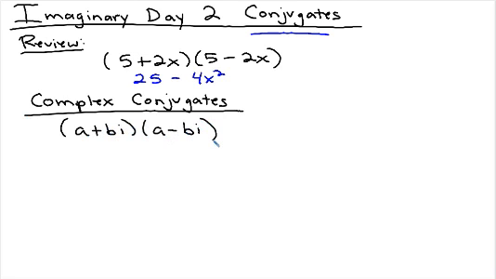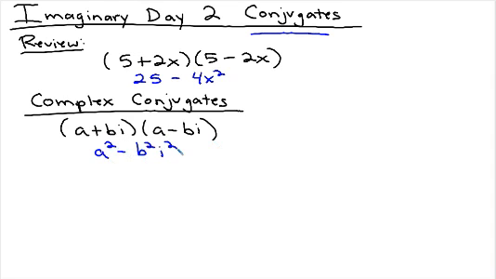Well, they are the same setup. a plus bi times a minus bi. So if I use our difference of two squares shortcut, this is a squared minus b squared i squared.